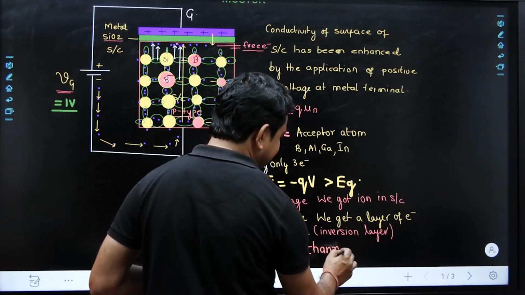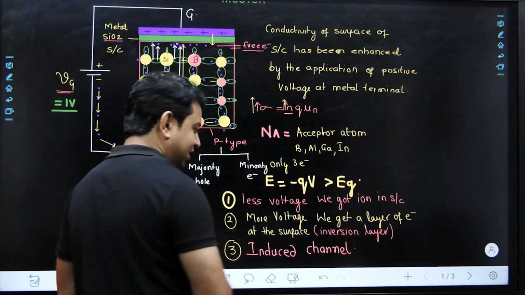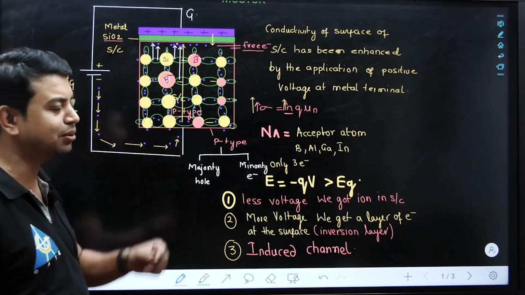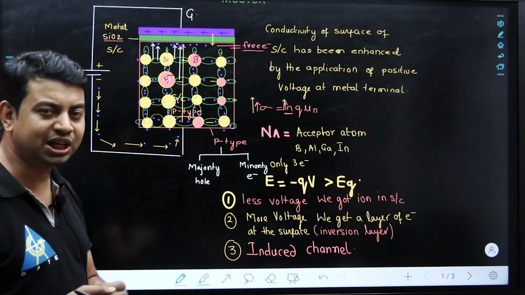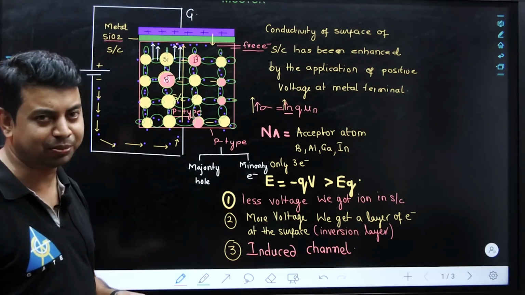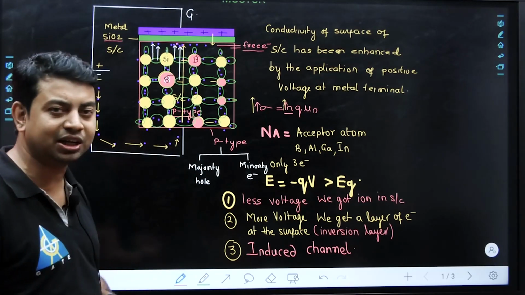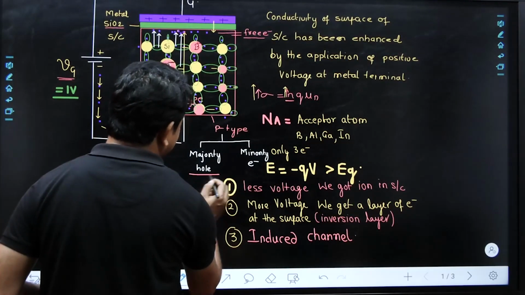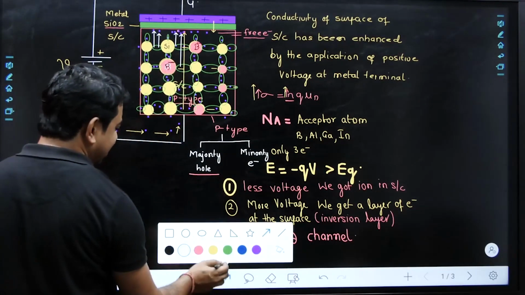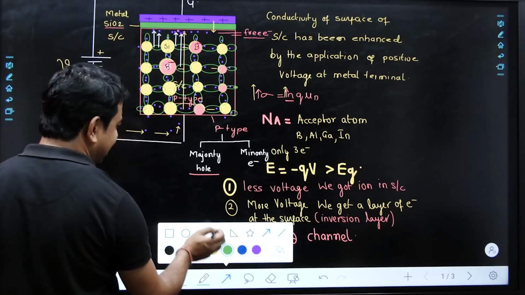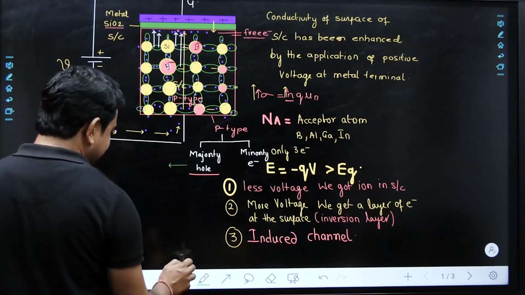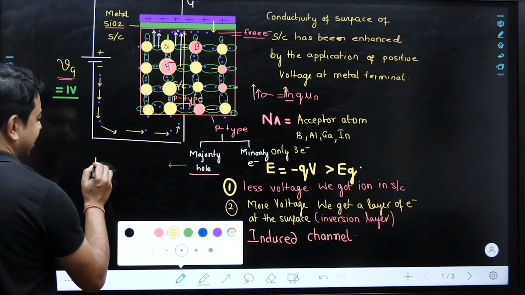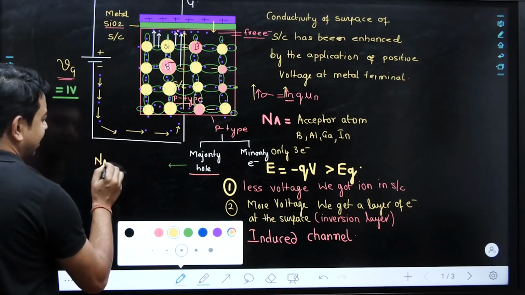So what is the concentration of the induced channel? If someone asks when we can say that we have a sufficient number of electrons in the inversion layer, watch me carefully. Inside the p-type semiconductor, the majority charge carriers concentration is Na.